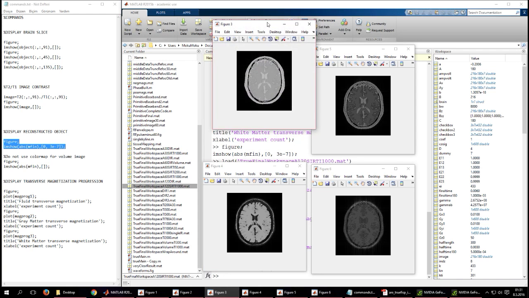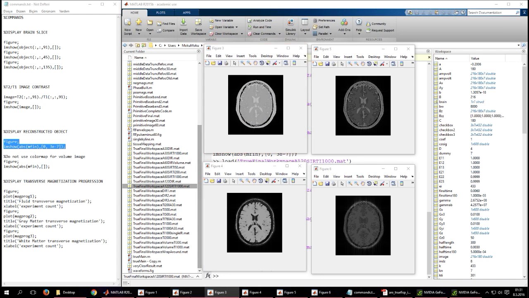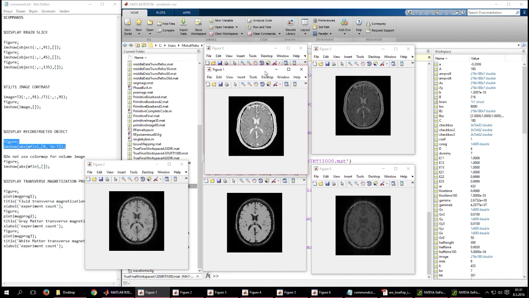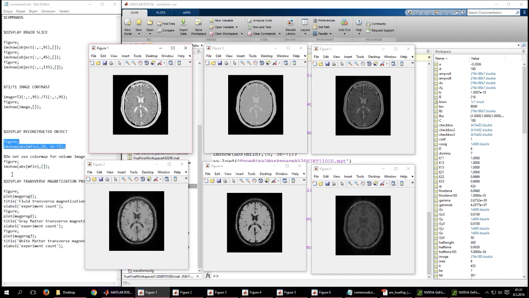So, if we compare all the results, we can summarize that with steady state achieved early by using double inversion recovery, the middle flip excitation pulse sequences give us good enough contrast between gray matter and white matter to differentiate them.